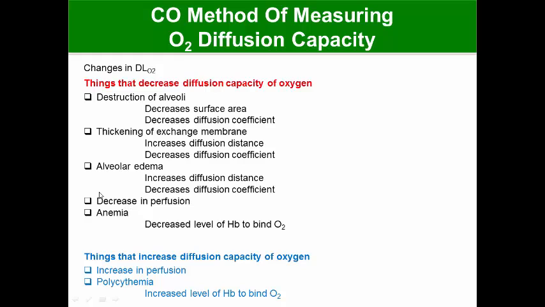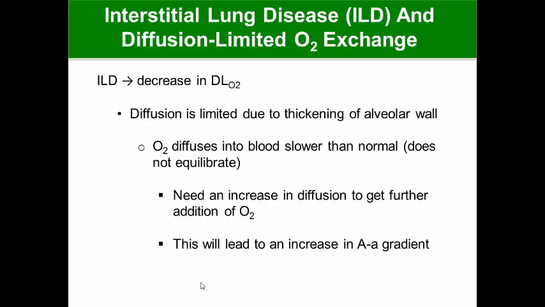And when perfusion is decreased, or when there is anemia, because the level of hemoglobin is decreased. Remember these causes from Fick's law of diffusion, which we described early on during the lecture. Things which increase the diffusion capacity for oxygen include increased perfusion, or polycythemia, the opposite of anemia, when the level of hemoglobin increases and more hemoglobin is available to bind oxygen.